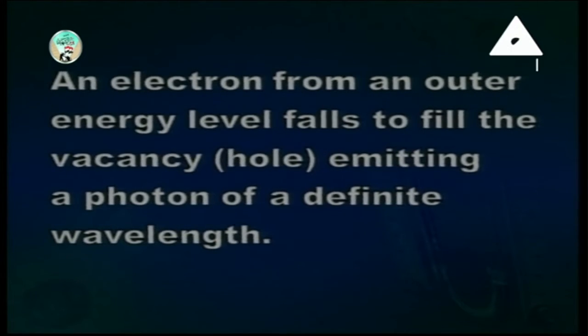We've got an electron that falls from higher energy level to fill the hole, the vacancy. And when this happens, a discrete amount of energy is released in form of a photon having a definite wavelength, which has something to do with the structure of the material of the target. So it is characteristic to the material of the target.